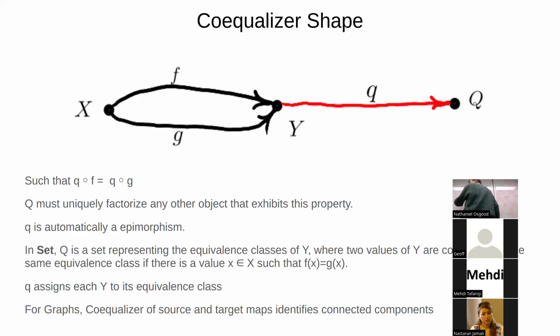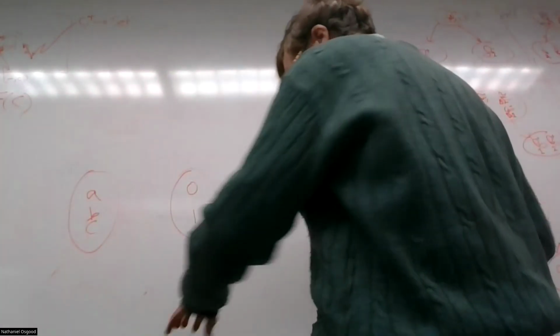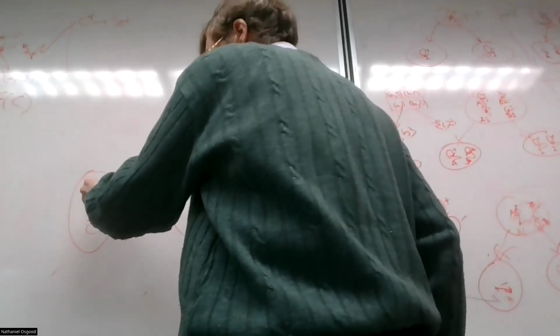So here's our X: A, B, C. And here's our Y: 0, 1. And once again, we have two morphisms, two functions.